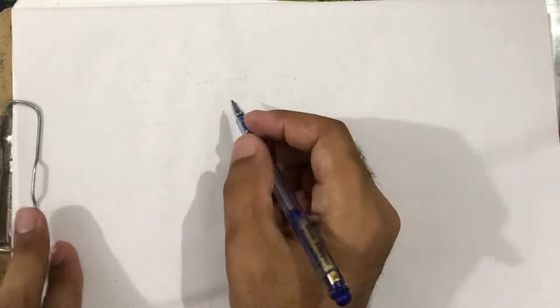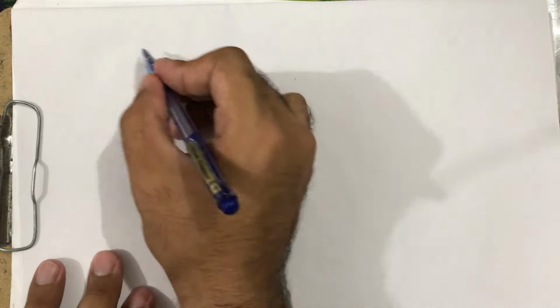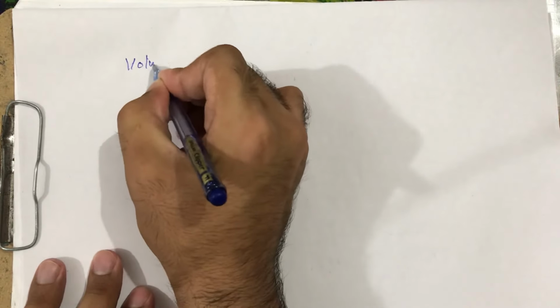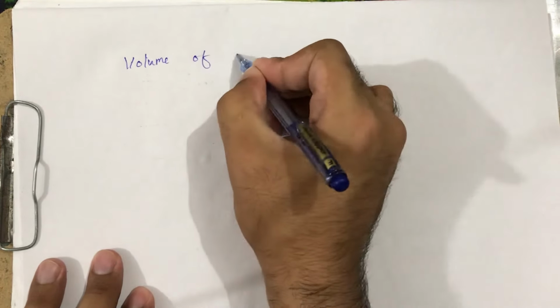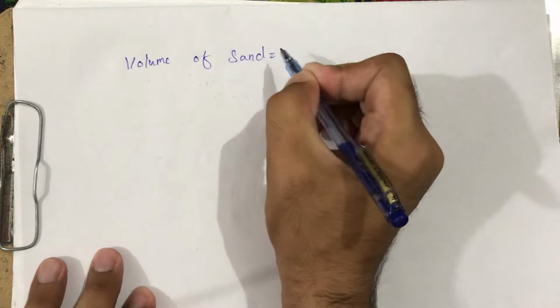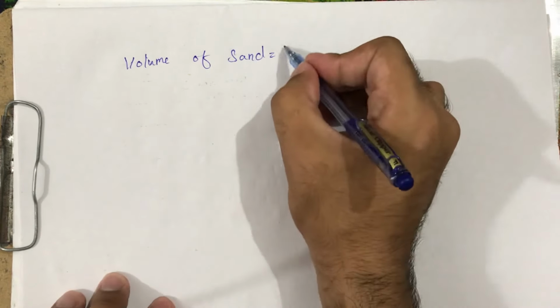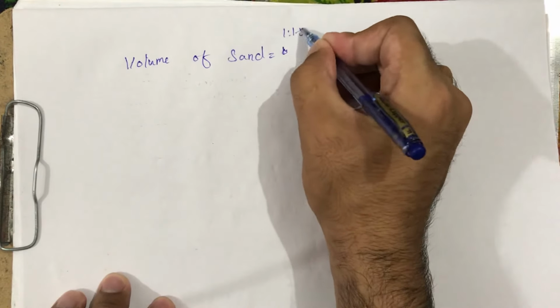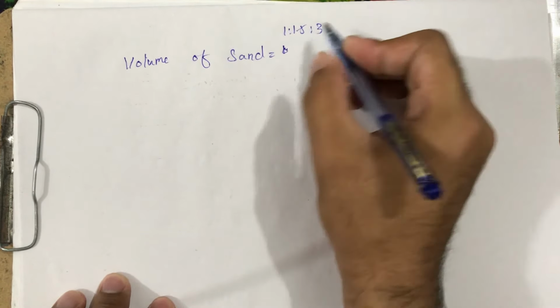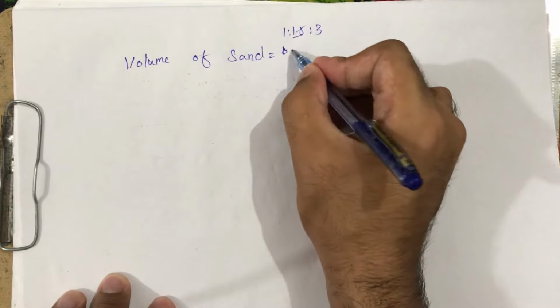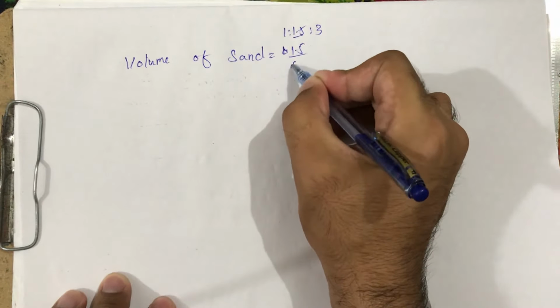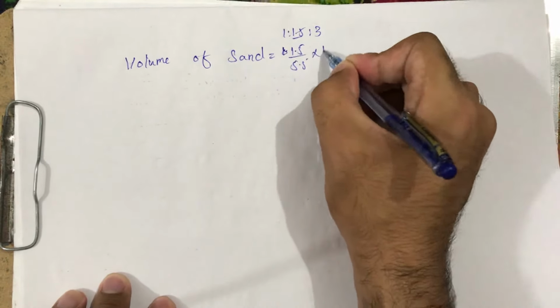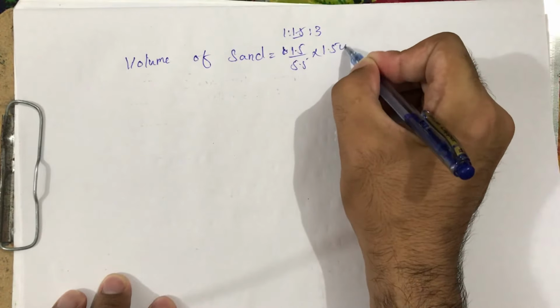Now we have to find the volume of sand. As we know, we have a ratio of 1:1.5:3. So for sand, this is 1.5 divided by the total, 5.5, multiplied by 1.54.